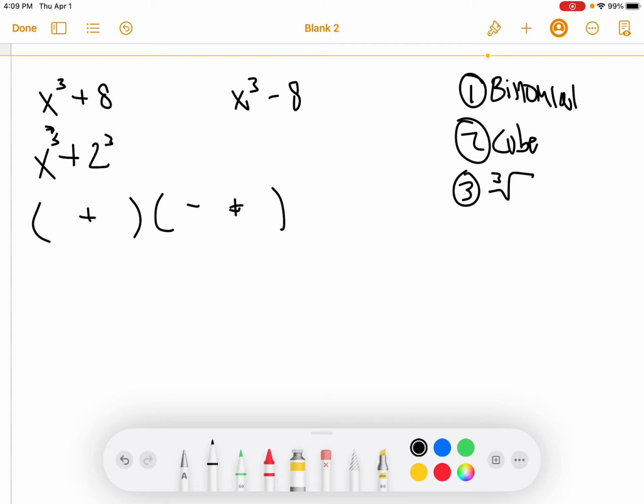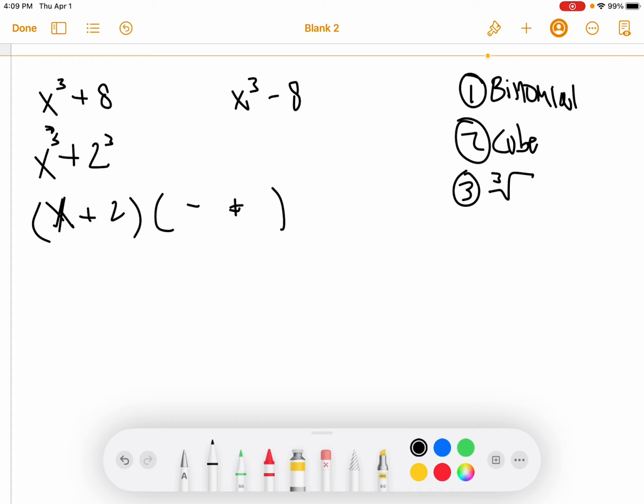Now, there's numbers and things that have to go between those. And for the first thing that's being multiplied, you have just the thing with these x and 2, just whatever is not with the cube exponent. So you just have x plus 2. Okay.